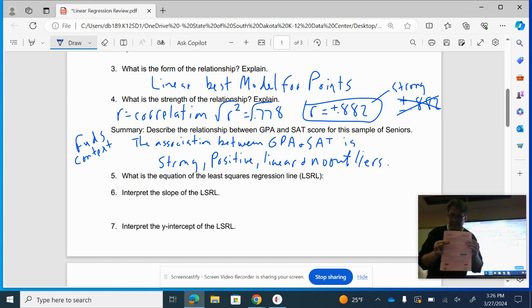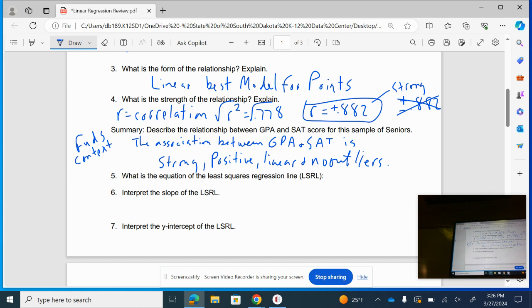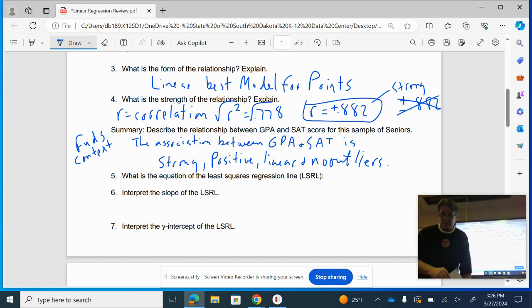You'll get a packet like this. It usually looks like this, and the formula sheets are in there, but it will be the updated formula sheet. I've got the updated formula sheet in your review. It's online. If you, for some reason, can't find it, email me and I'll send it to you.